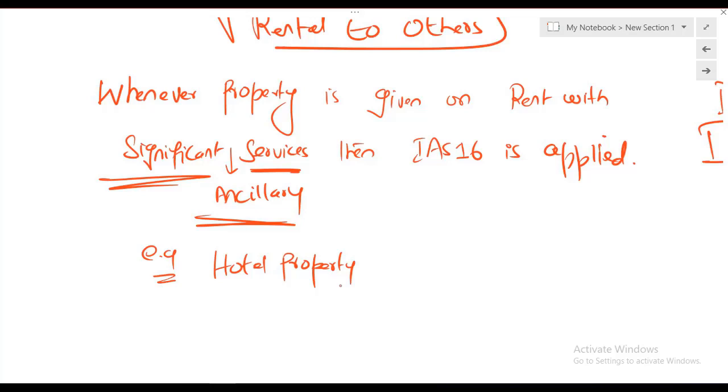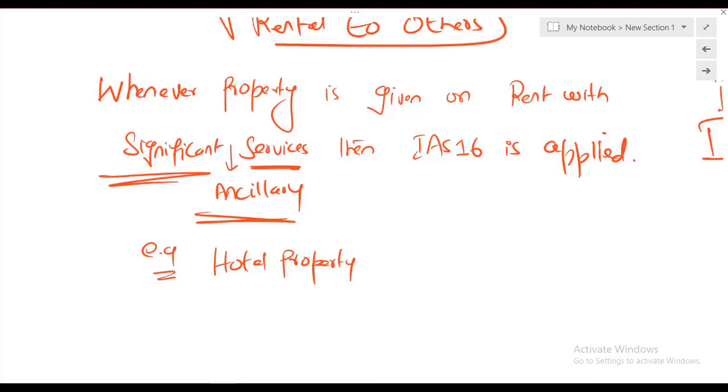The example to this is hotel properties. So in hotel properties, which IAS is applicable? IAS 16.